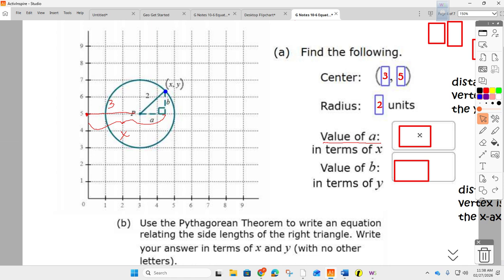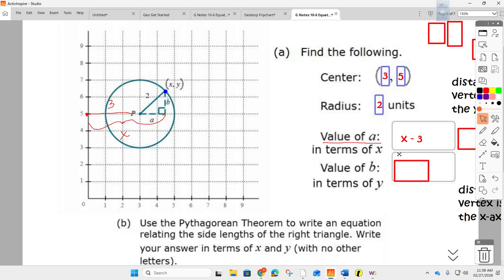So really, to make it easy for you, it's the X. So if we're giving the value of A in terms of X, it's X minus the X coordinate at the center point. Okay? Now, when it says in terms of X, that means we're explaining it by using X. Okay? So the X coordinate.